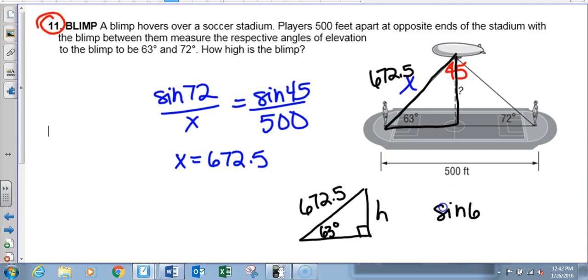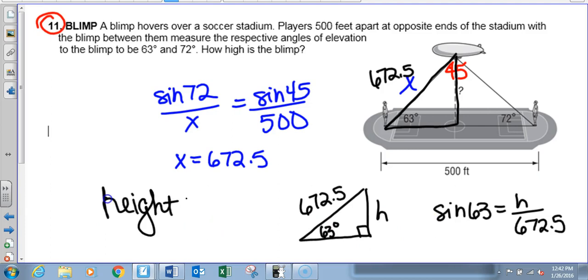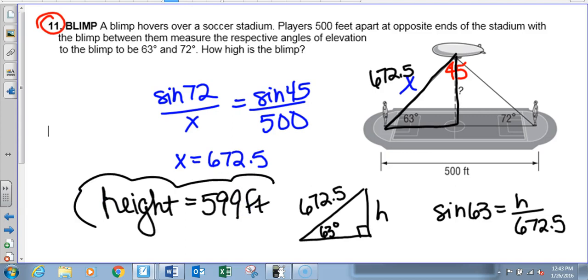I'm going to say the sine of 63 equals opposite over hypotenuse, just because it's a right triangle. It's about 599. So the blimp is 599 feet up. Okay?